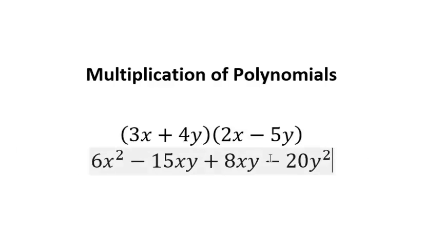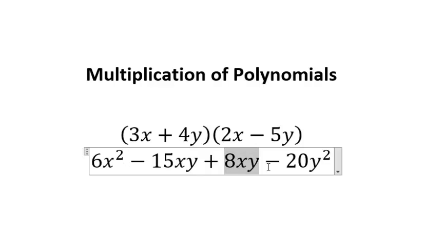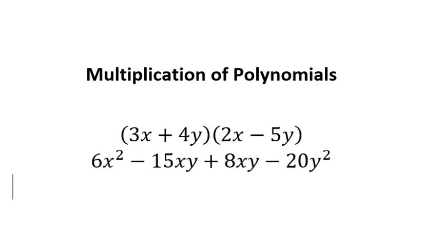Now, once I have this, I'm going to try to simplify anything that repeats, any like term that I can find. This one is a term that has letter x and letter y, and this one is also a term that has letter x and letter y. So these two are like terms, so I'm going to simplify them.